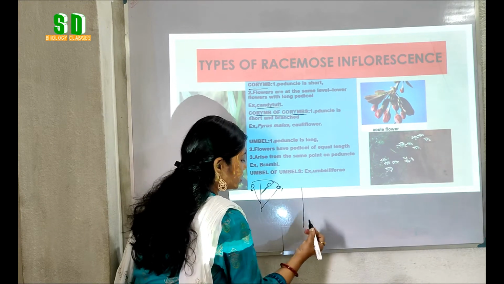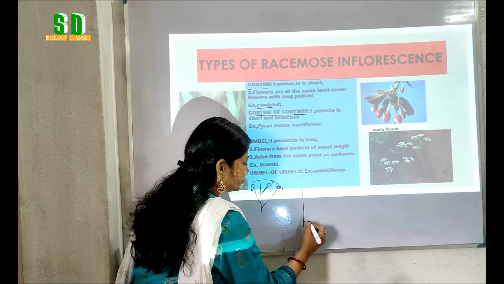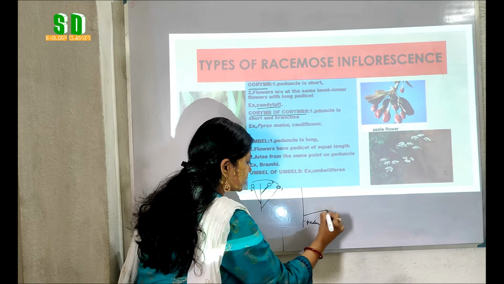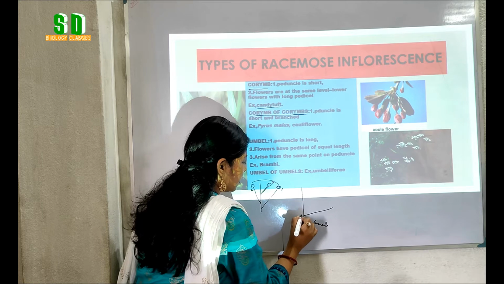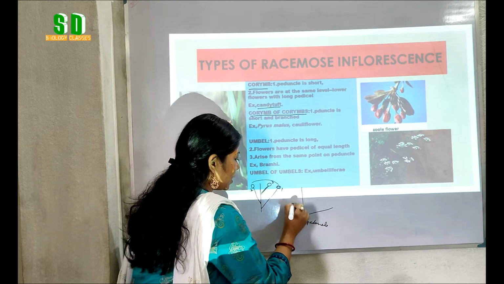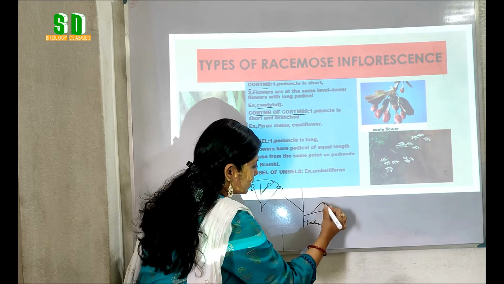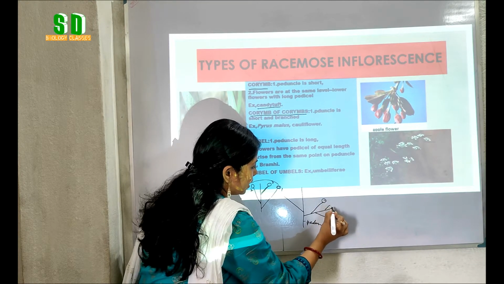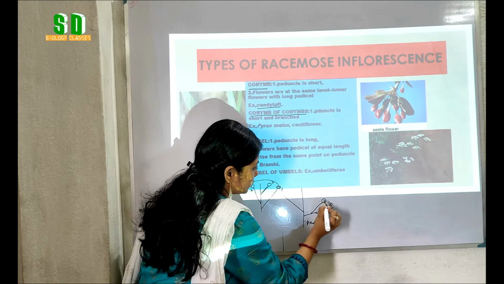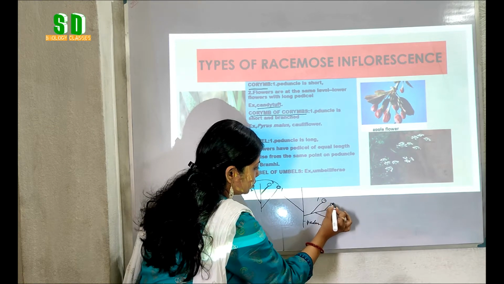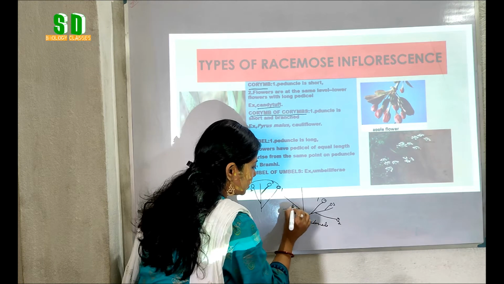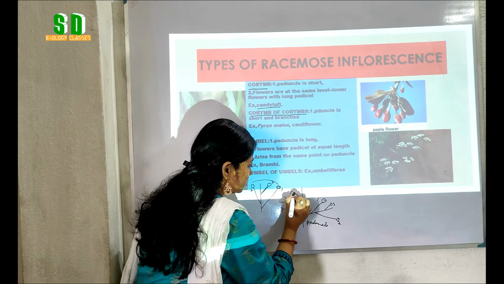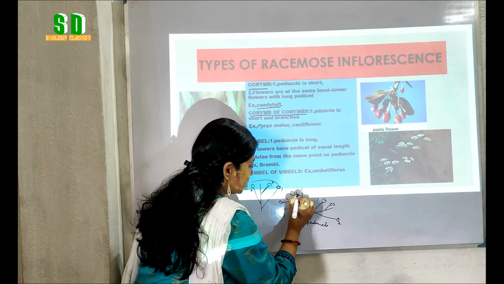What kind of structure can we see? This is the main peduncle. At first, the branches arise. On the branches of this peduncle the flowers develop, and all the flowers develop at the same level. So this is flower number 1, 2, 3. Here also we get flower number 1, 2 and 3.